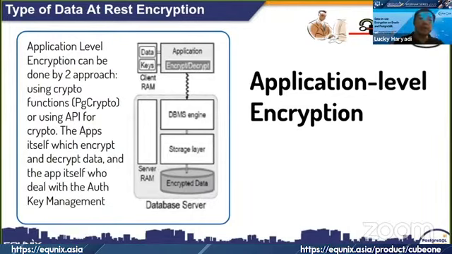The encrypted data is stored in the RDBMS as encrypted text. The database only saves the encrypted text, and the encryption and decryption is not managed by the database, but by the application.